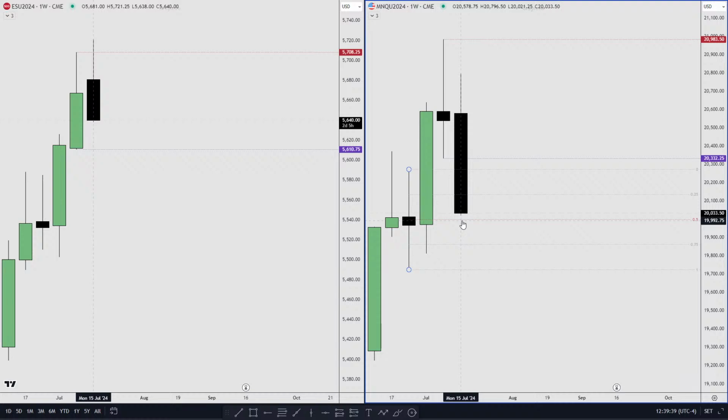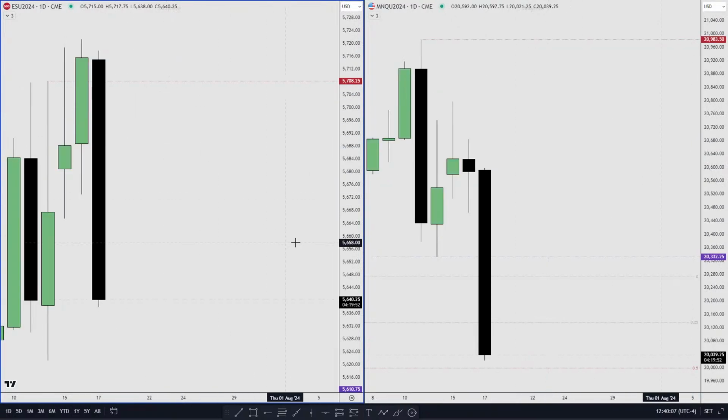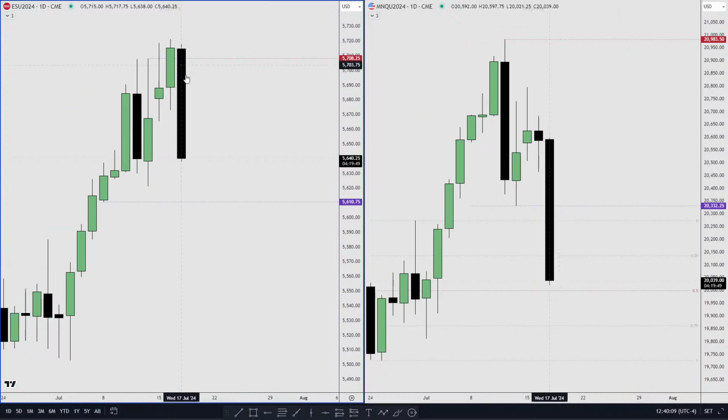And for tomorrow we are probably going to reach into the 75, and I want to see if ES is able to reach into this level here, and then I'll call it a Thursday reversal or retracement. Okay, because tomorrow is Thursday, I'm expecting some sort of retracement, because Wednesday was a large range candle.